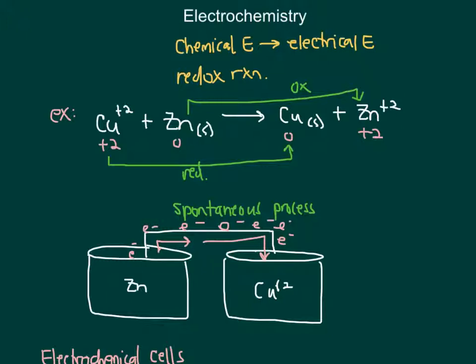And of course, if we put something in the middle of this wire, like a load of some kind, like right here, we could put a load. That could be like your cell phone or an iPod or anything that works off electrical energy. Then what you've just done is created a battery.